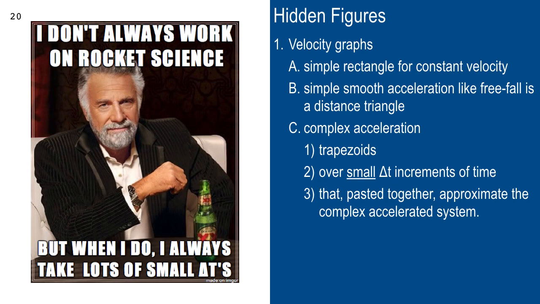And basically, the whole story of Hidden Figures is that prior to about 1950 something, they had to do a lot of delta T's or a lot of delta X's, really small ones, they had to have a lot of computation.